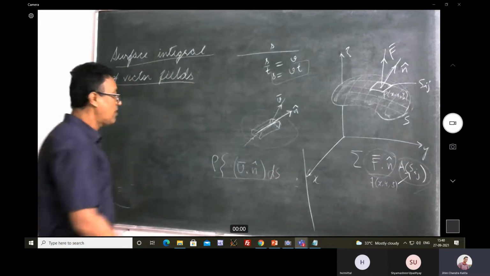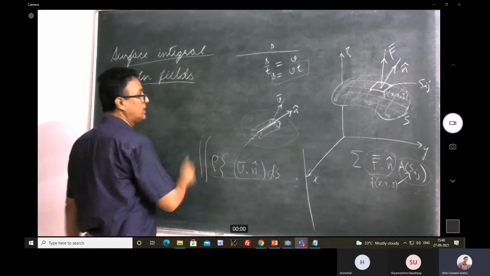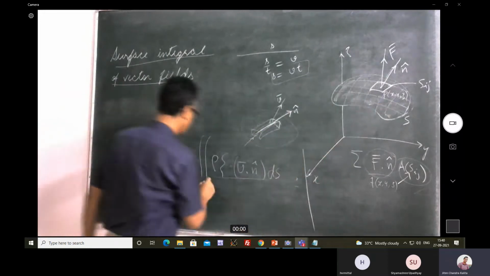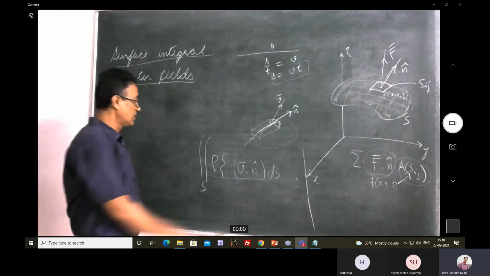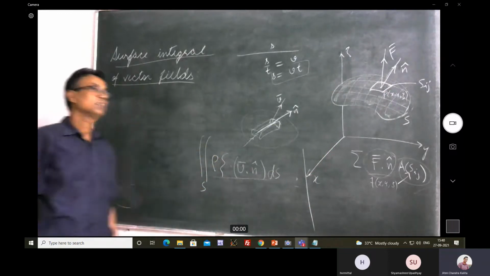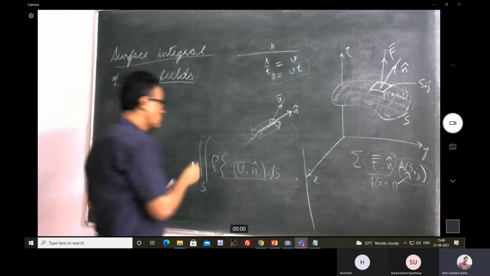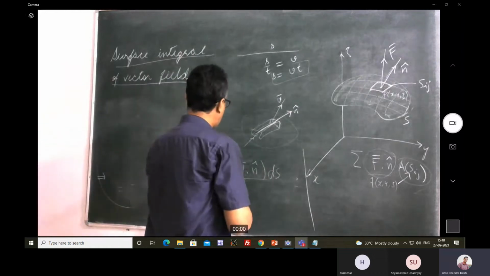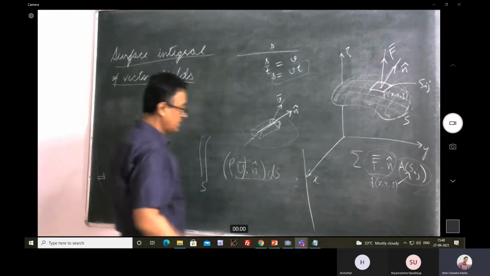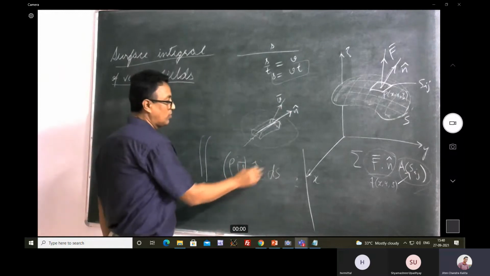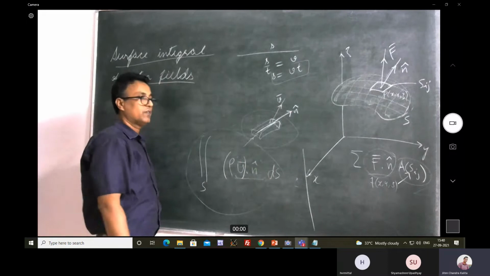Okay. So now if you integrate it over the whole surface S, that is going to give you the mass of the whole fluid there. So if I take this rho v dot n cap ds, this is going to give me the mass of the fluid, right?